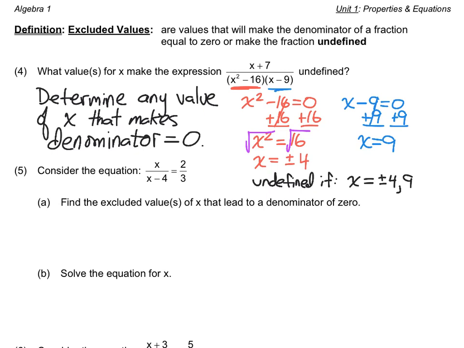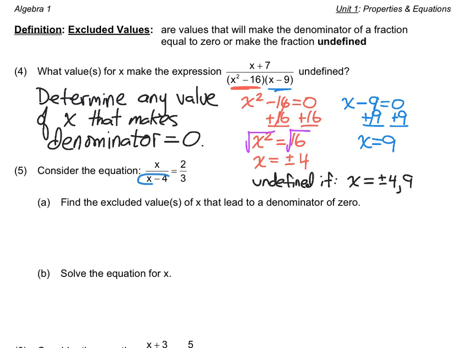All right. So number 5, consider the equation x over x minus 4. We want to find the excluded values of x that lead to a denominator of 0. Well, obviously, 2 over 3 is not something I'm worried about. There's no way 3 is going to become a 0.